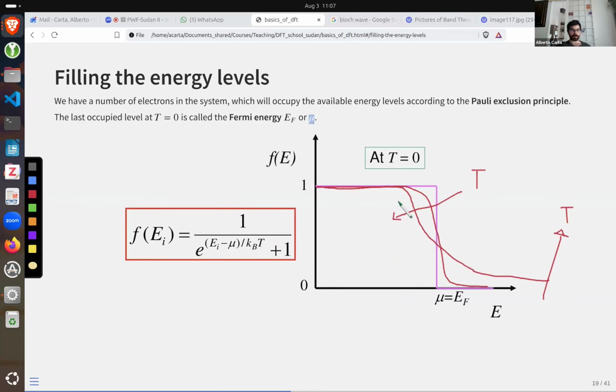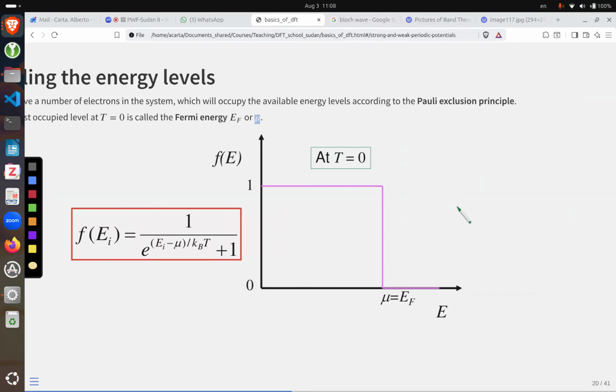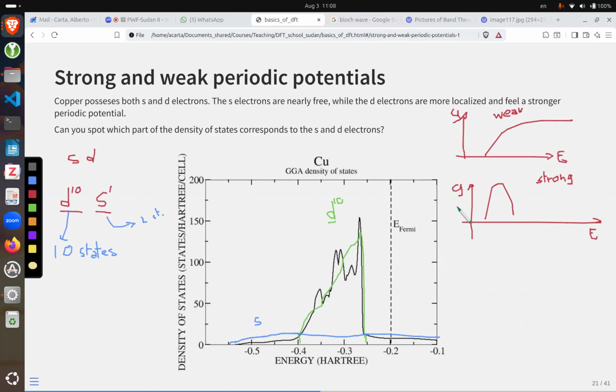So basically, at 0 K there is nothing. But as soon as you raise the temperature, you start having some states at higher energy. The purple sketch is at T0, while the red sketch is at finite T. So the temperature here is not 0.